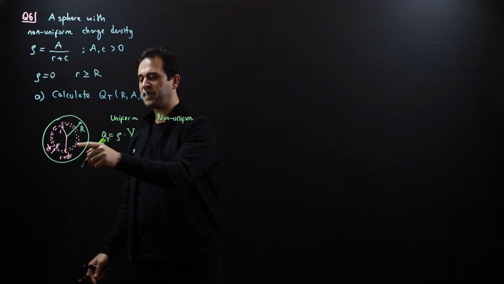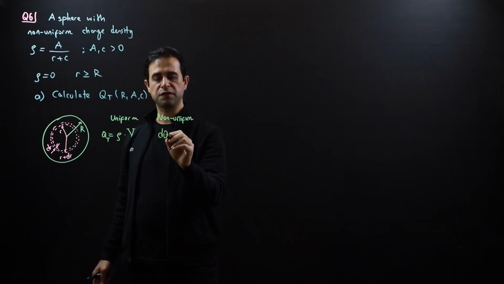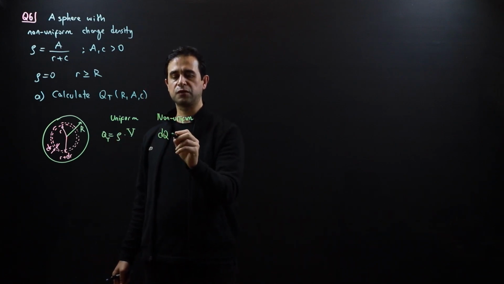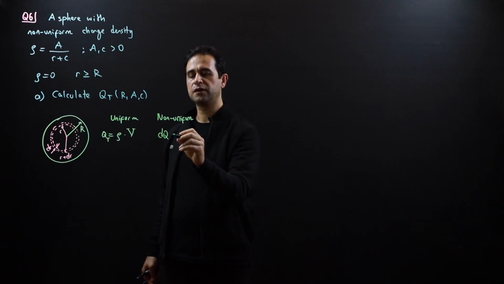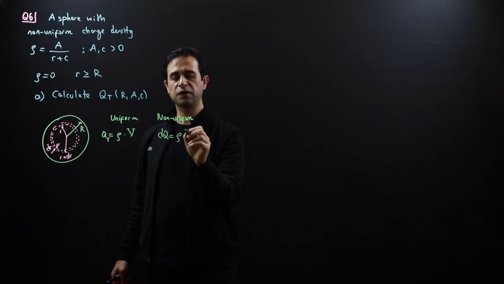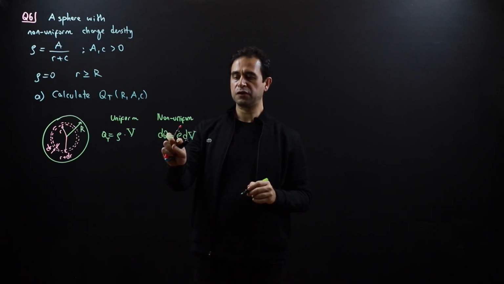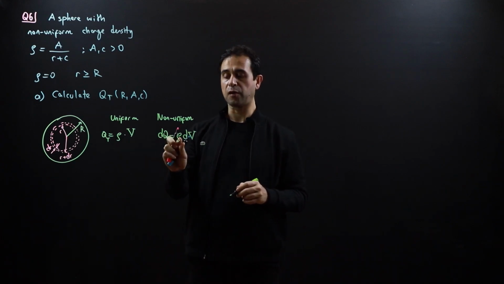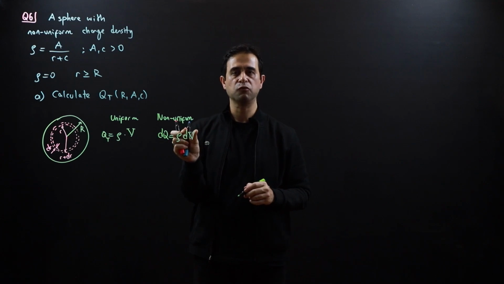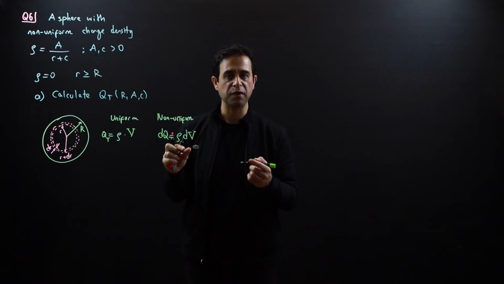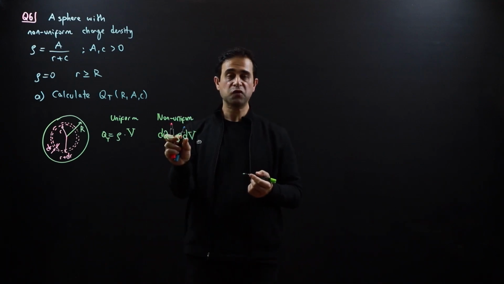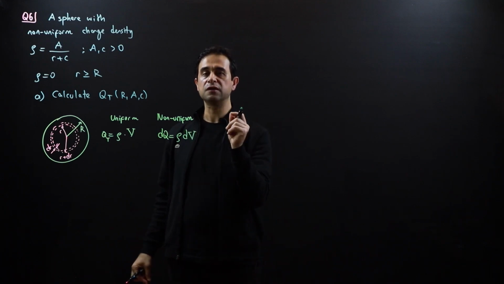Instead of doing that, we take a small portion of this three-dimensional object. We call it dq. It's an infinitely small part. And that's equal to rho times dv. And now the reason why we can put this rho here, it depends on r, yeah, but for the small infinitesimal volume, we can approximate it to be almost constant, because this volume is infinitely small.